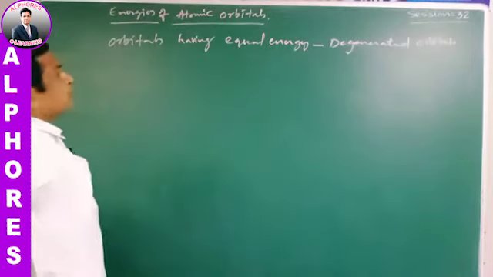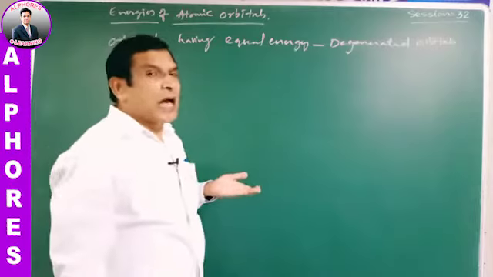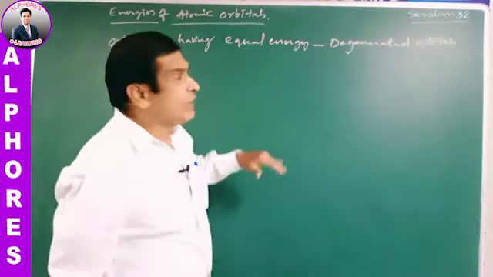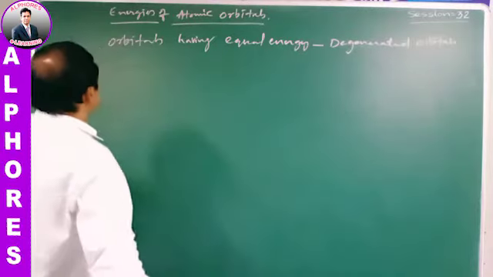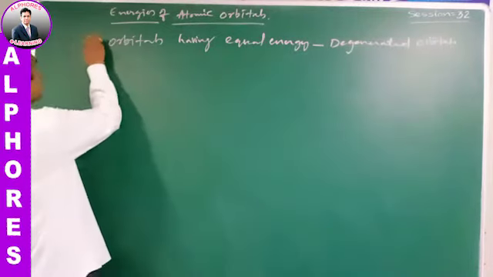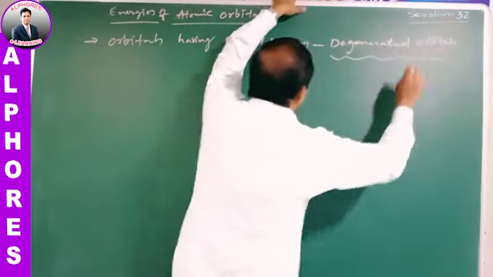So what is the condition? In the absence of a magnetic field or electric field, all the energies of the orbitals are equal, and that is called degenerated orbitals. The definition is clear.